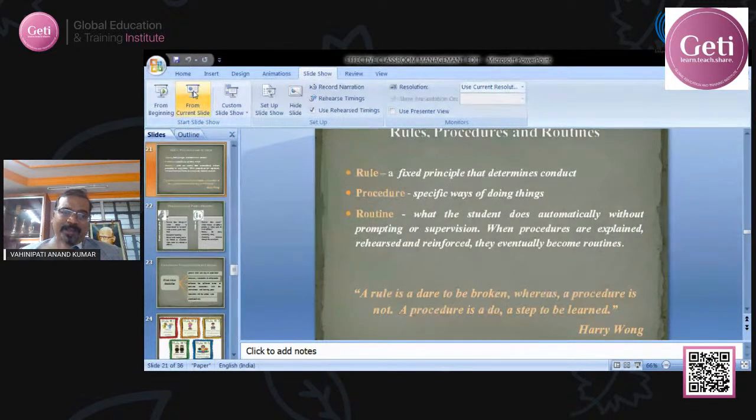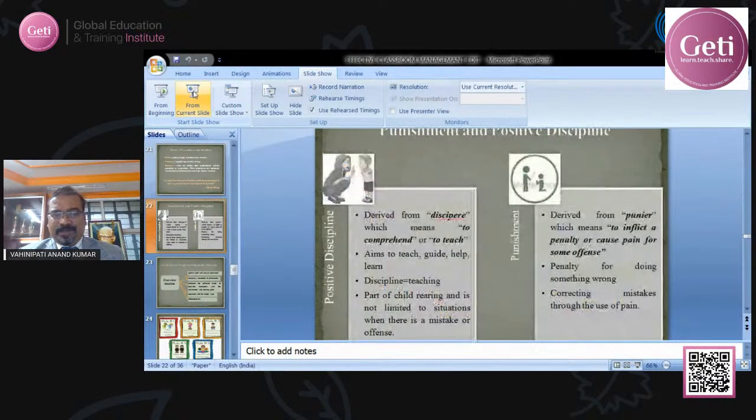They should know why a particular rule has been formed. And a procedure is a set of rules, and a routine is when these set of rules are repeated again and again, and they become spontaneous for the children. So that becomes a routine. So rules, routines, and procedures are important for effective classroom management.